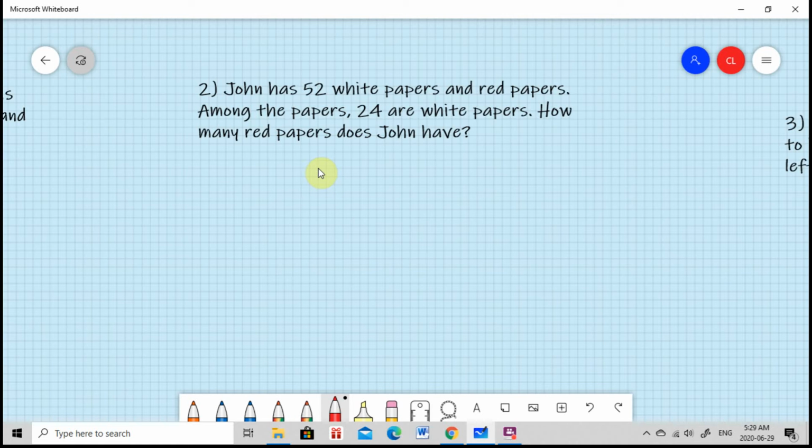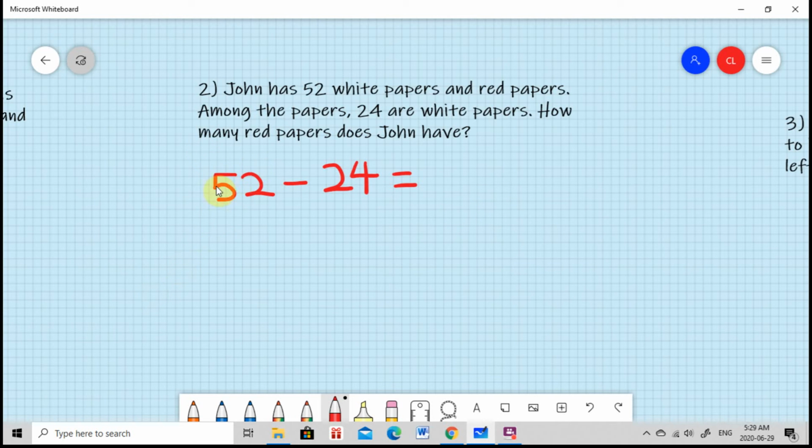So we know that this is a subtraction question, right? John has 52 papers in total, right? 24 of them are white papers. So we know the rest is red papers, right?